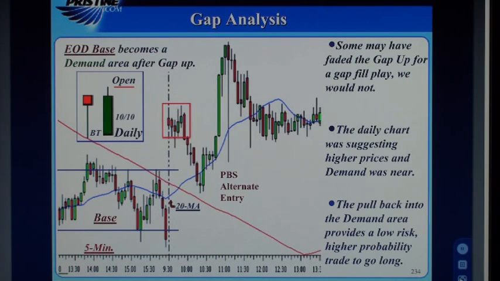So as long as prices are moving up and do not take out a prior bar's low, our assumption is that that area of resistance should be overcome because of the pattern on the daily time frame as well as the intraday time frame, the end of day base, the pullback into that congestion, the bullish wide range bar up, the correction bar, which is the bottoming tail bar, and then taking out that bar's high.